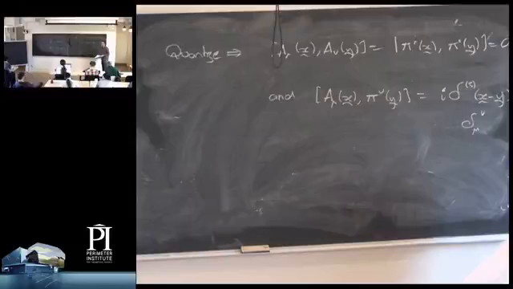So these are the standard commutation relations that we would impose. Now we work out the mode expansions. I'm going to write them here just because I might need them later.